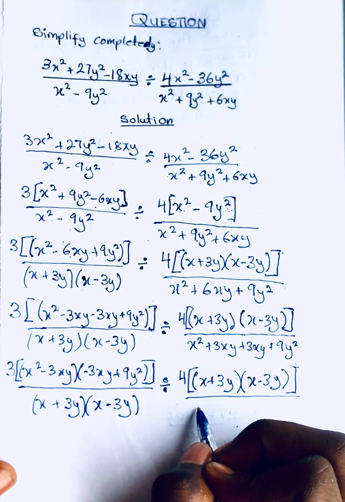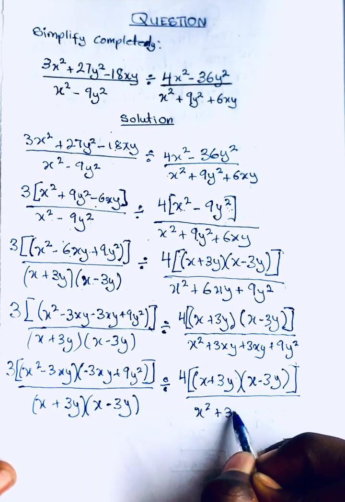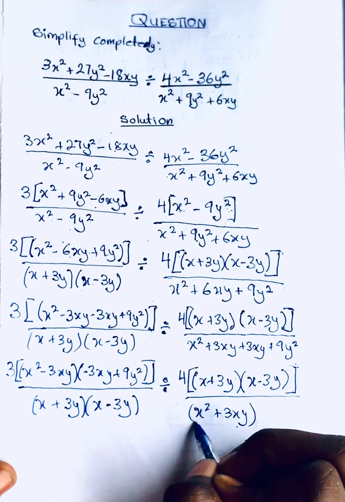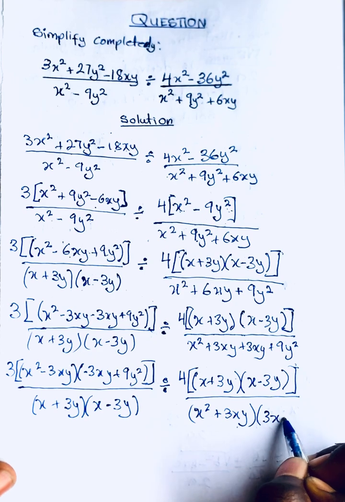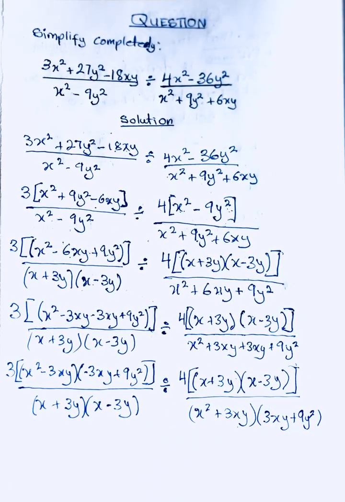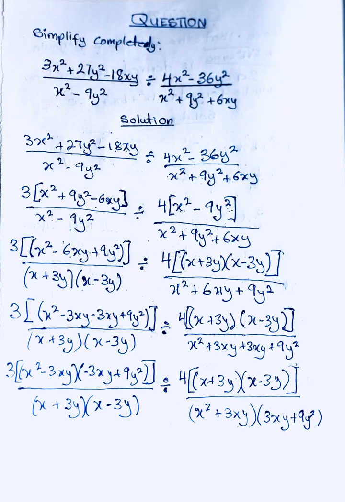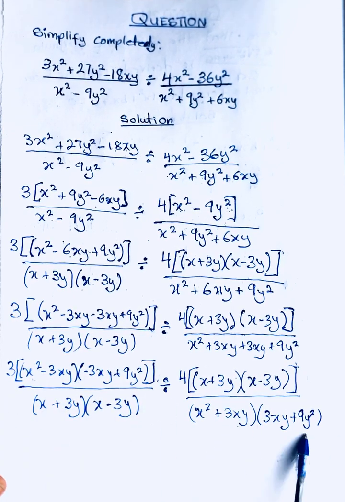Then this one, we are going to group them. We have x squared plus 3xy, then 3xy plus 9y squared. Okay, so at this point, we can factor out the common factor in the brackets.